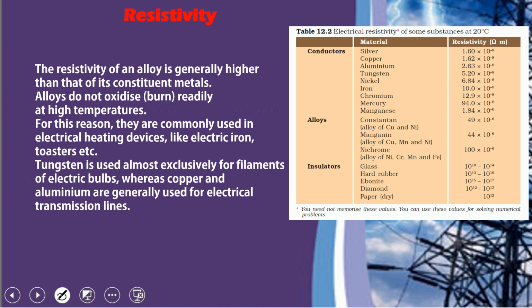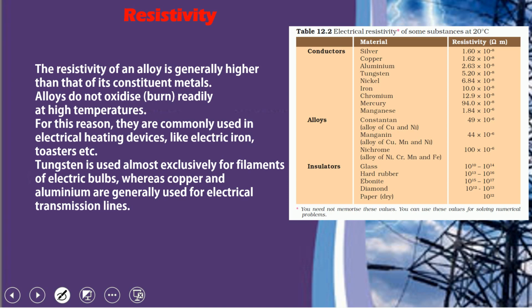Now, alloys do not oxidize readily at a high temperature. That is the other thing. Alloys do not oxidize, that is burn, readily at a high temperature. When the temperature is increased, it will not affect the alloy, but some other metals it will affect and they will start to burn.